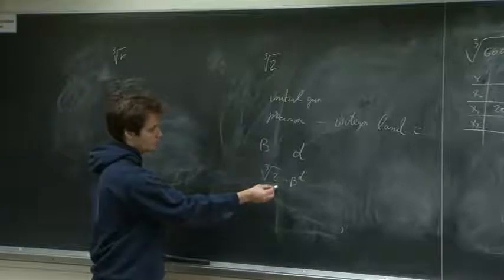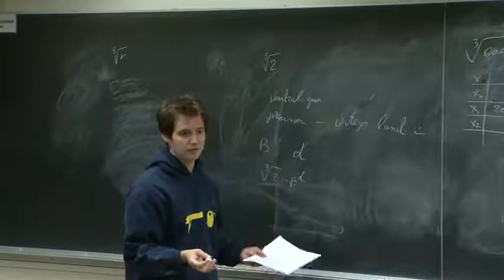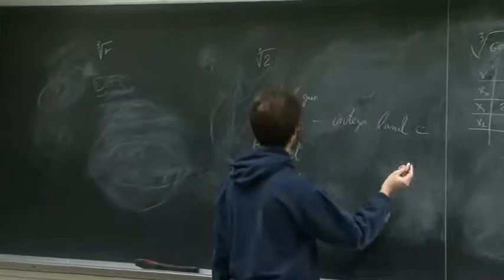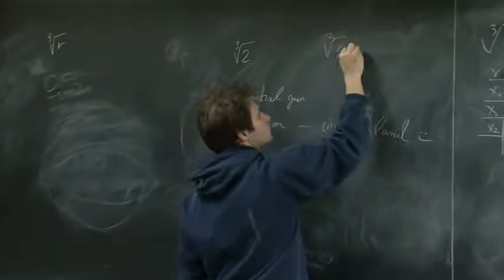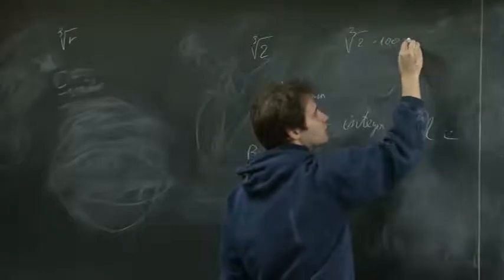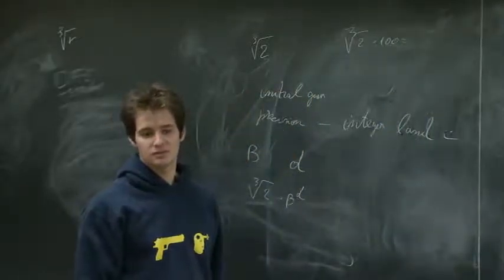Suppose b is 10, let's work with familiar numbers, and d is 2. So we're going to want to compute cube root of 2 times 100. Does anyone have a calculator and can tell me what cube root of 2 is, the first few digits?